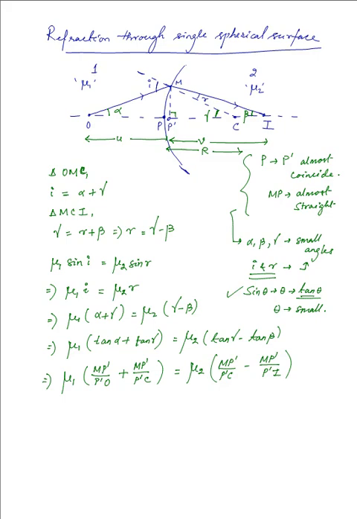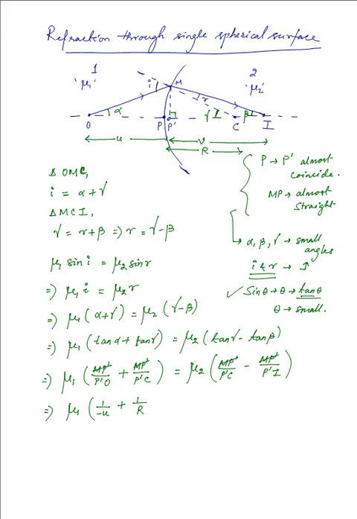What we get over here is that MP dash, being the same for all the terms, can be taken common on both the sides, and they cancel out each other. And from that cancellation, what we get is we have a mu1, and now we follow the sign conventions that we have been using. That is, to the left we'll be taking as negative, and to the right we'll be taking them as positive. So this one is 1 over minus u, plus this is 1 over P dash C, which is equal to the radius of curvature.